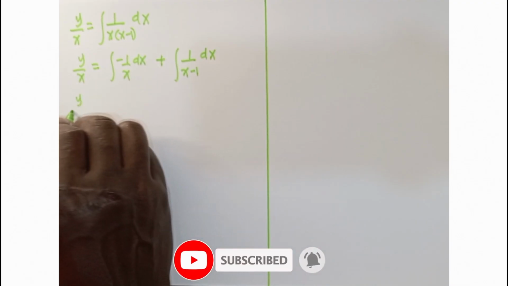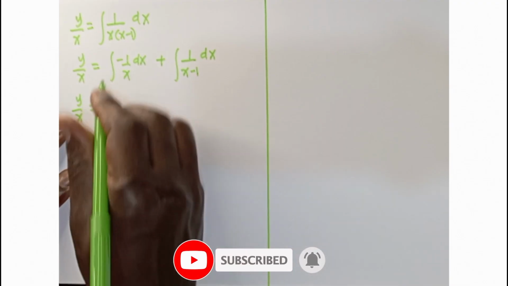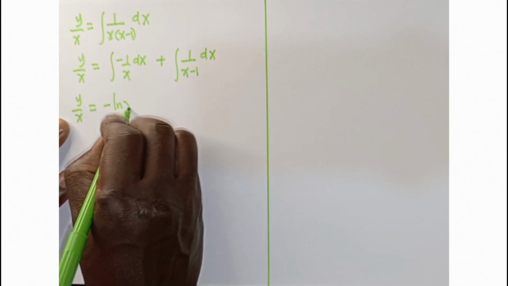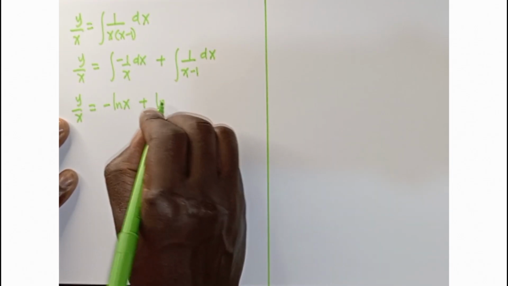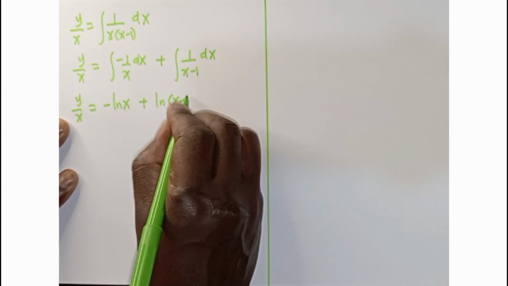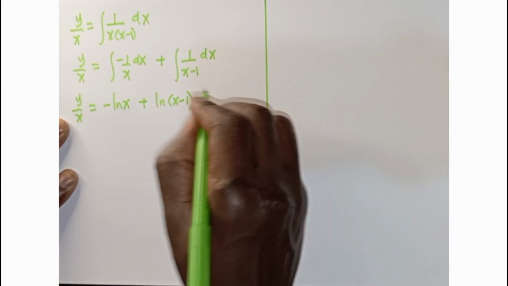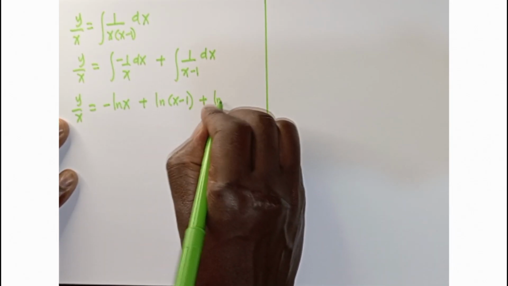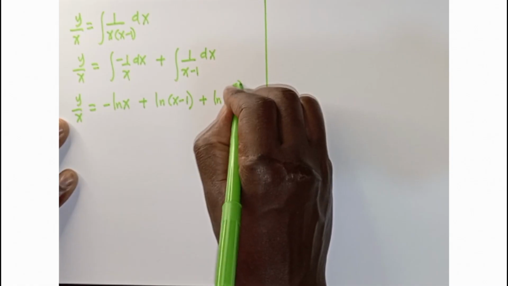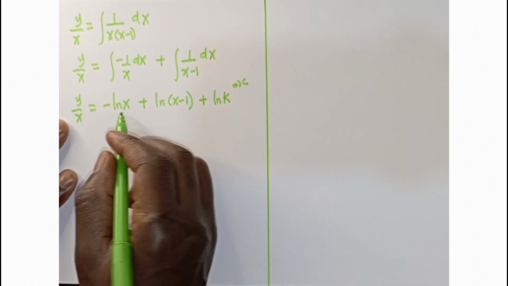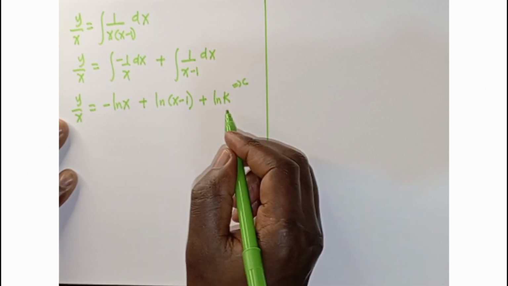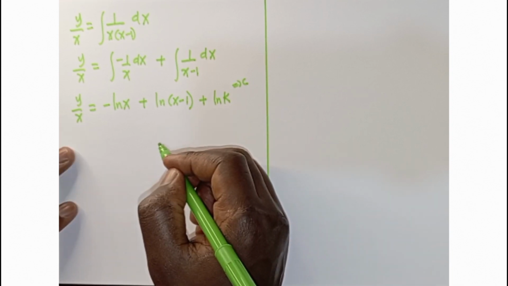So y out of x is actually equal to negative ln of x plus ln of x minus 1, then plus a c. But that c can be ln of a given constant, because they are all ln.